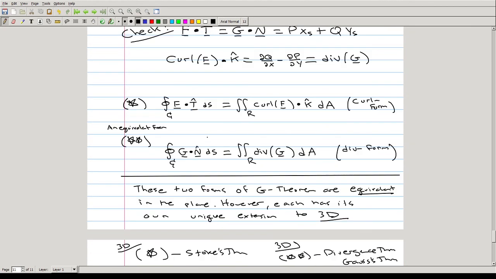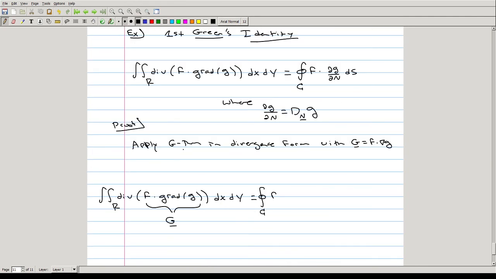And by the divergence form of Green's theorem, the double integral of the divergence of G will be equal to the dot product of G with n hat. This is going to be G, which is f times the gradient of g, dot product with n hat ds.